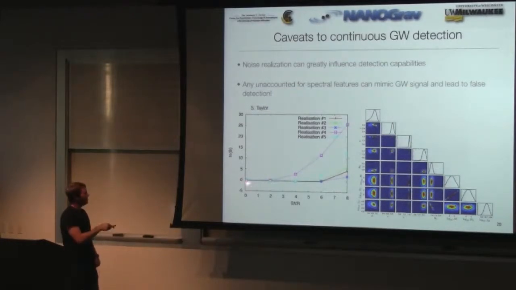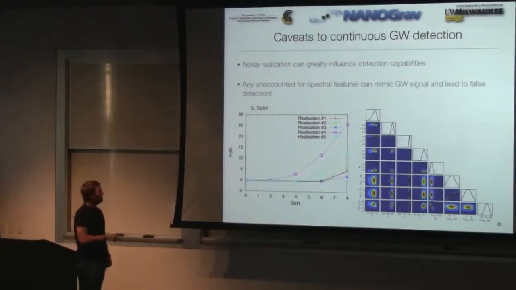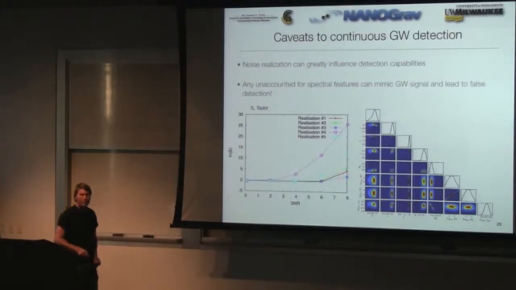And so you can see for some realizations, you can make a detection. A detection would be somewhere around a log Bayes factor of 5. You can make a detection with an injected SNR, say, of 5. However, for some other unfortunate realizations, you might have an SNR even of 8, and you still don't have enough evidence to make a detection.